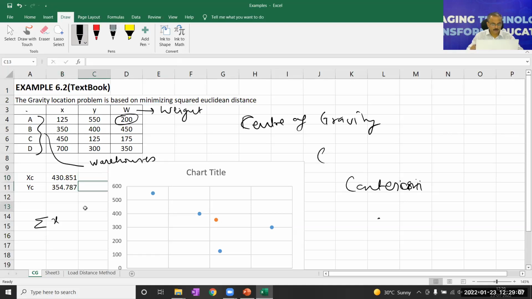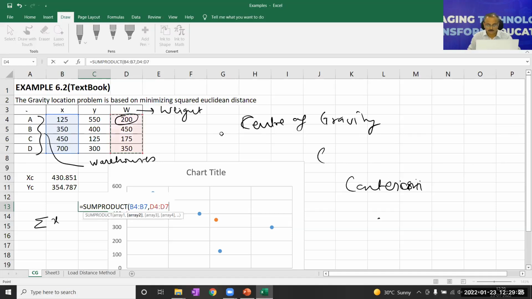I'll show it here, how this value has come. It will be sum product of which values? These particular x values with the weights. So this is nothing but the summation of x into w divided by the sum of the weights.